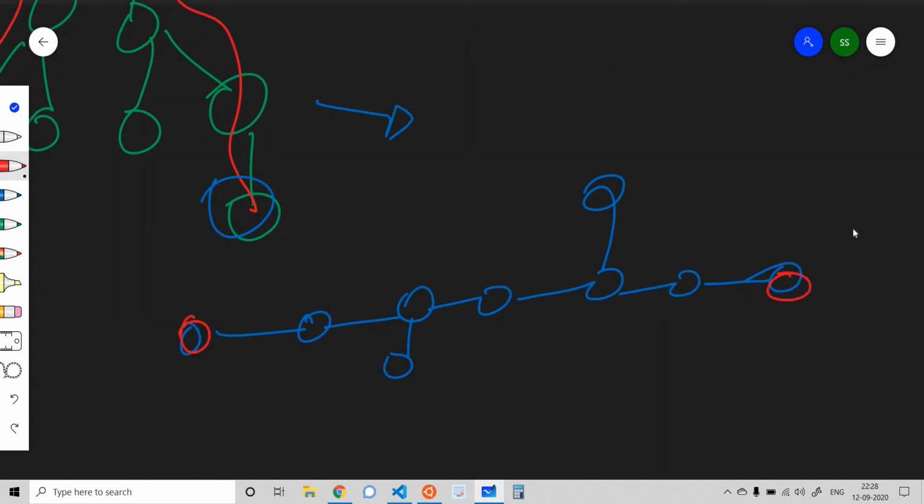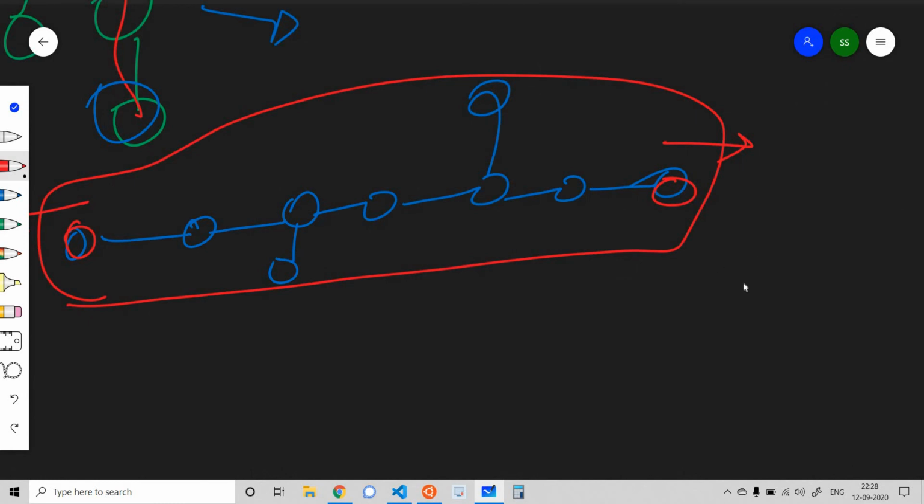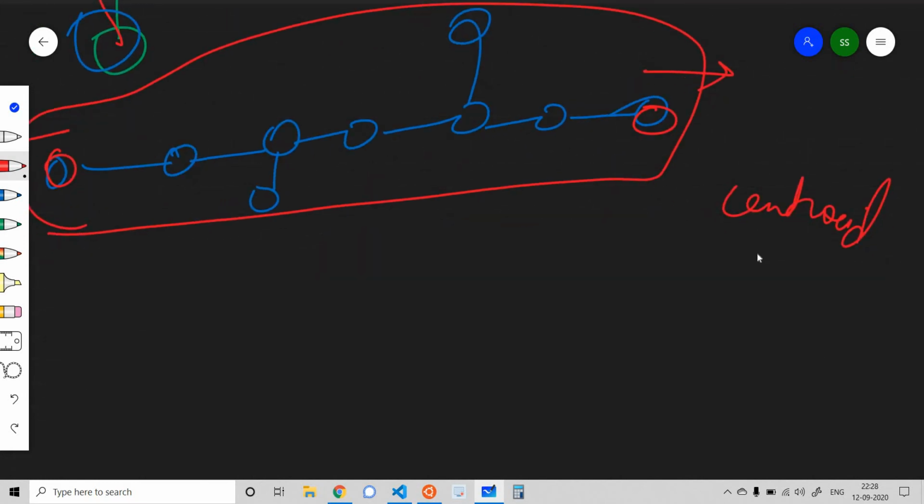We are stretching this red one in this direction and this red one in the other direction, so our tree will look something like this. As I've said, the property of centroid is, if we delete that node, then we would be having multiple components after deleting, that is a forest, and in each of those components the number of nodes would be less than or equal to n by 2. Maximum number of nodes in all of those components.